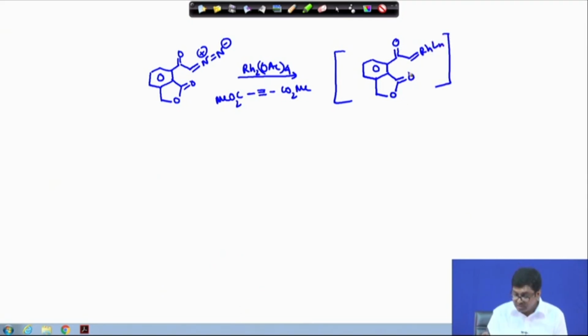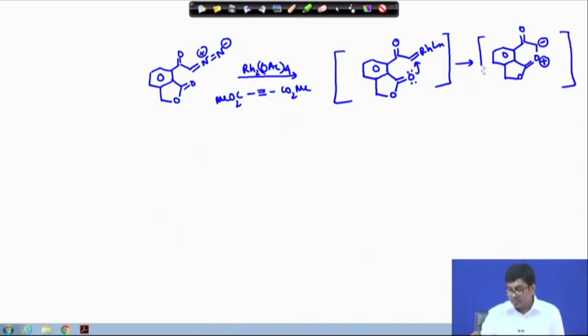Okay. So, now this oxygen is nucleophilic enough to react over here, to provide the corresponding ylide. Okay. And we now have this alkyne as a dienophile. Okay.